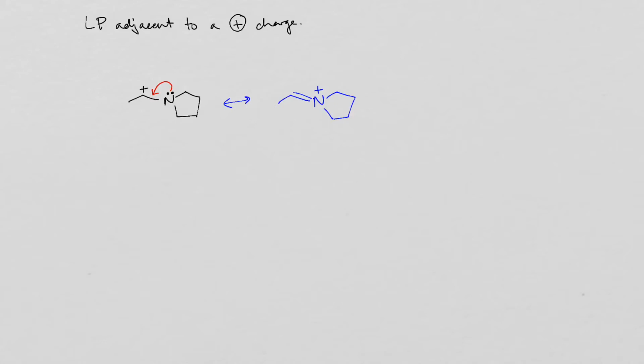I'll just do one more example. This one's pretty easy. So we've got another lone pair adjacent to a positive charge. We're going to show those electrons hopping down, making a bond.